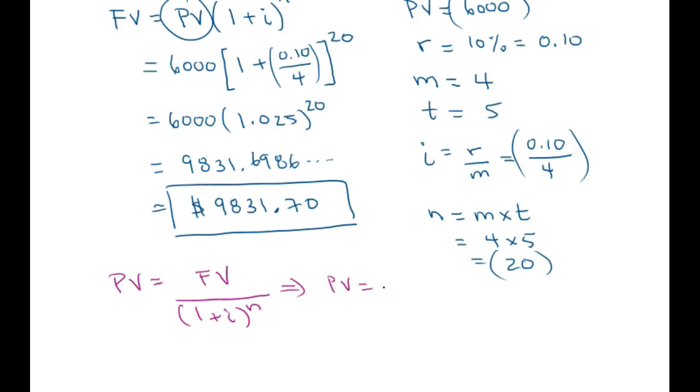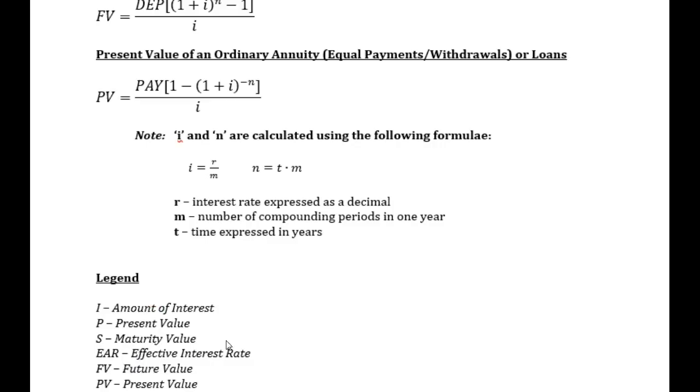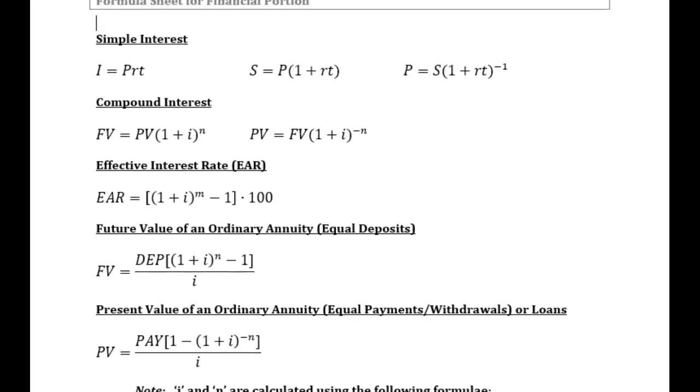So present value is future value multiplied by (1 plus I) to the negative N. This is generally the other version that you see on your resource sheet as well, which is just the manipulated version of that exact same formula.